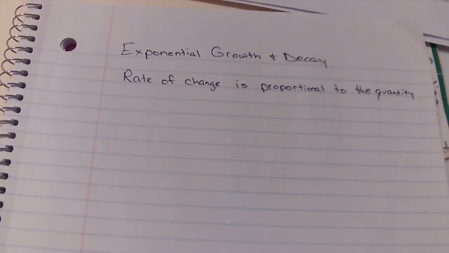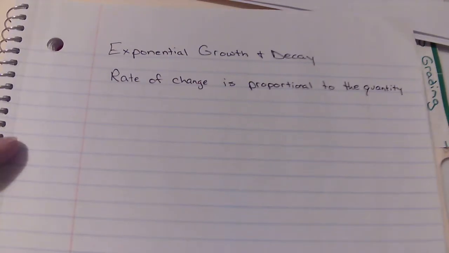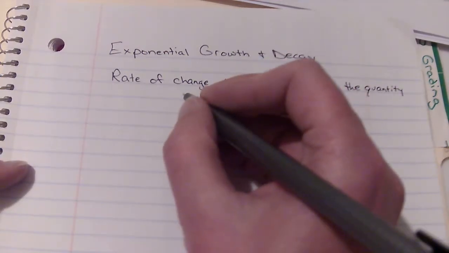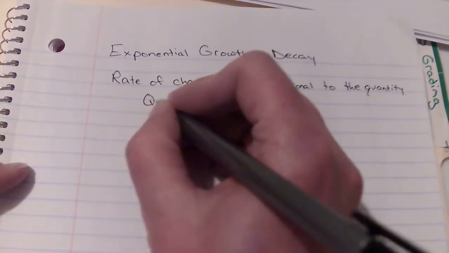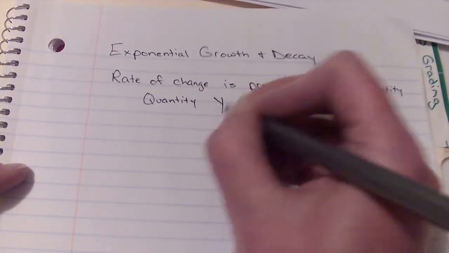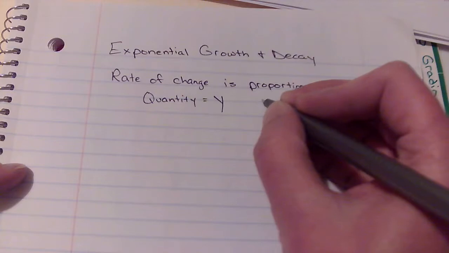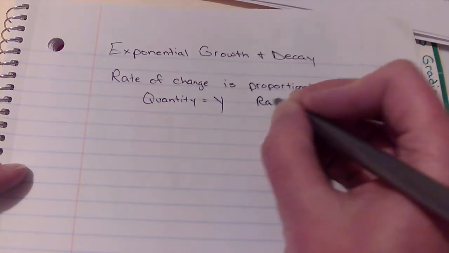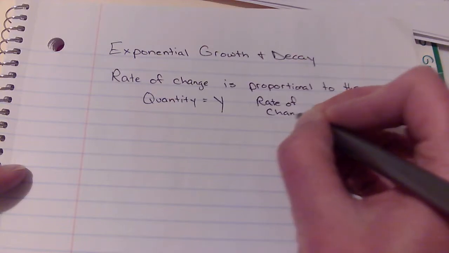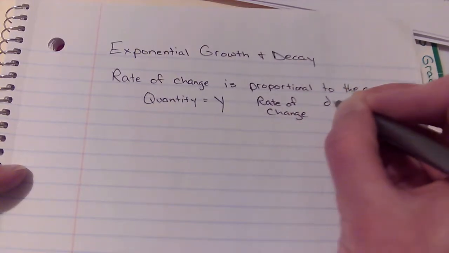So if we have, let's say our quantity was y, then the rate of change would be dy dt.